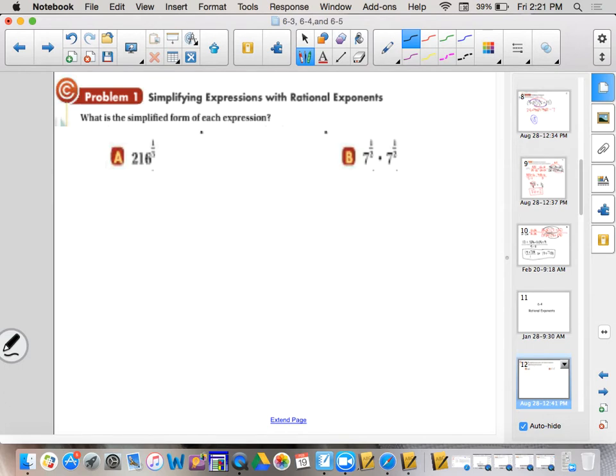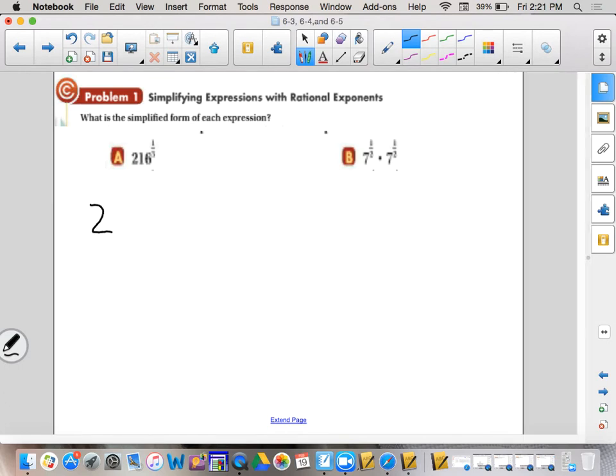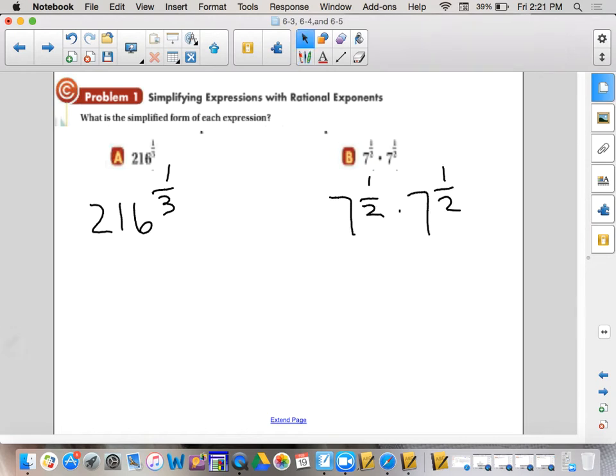Anytime you have a problem like this, 216 raised to the 1/3 is what this one says, and this over here is this, because they're kind of hard to read. They have no variables in them, so we're just going to put them in our calculator. So 216 raised to the 1/3. What's 216 raised to the 1/3? 6 would be my answer.